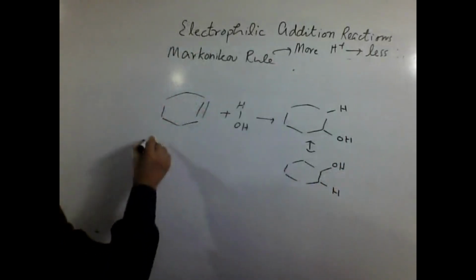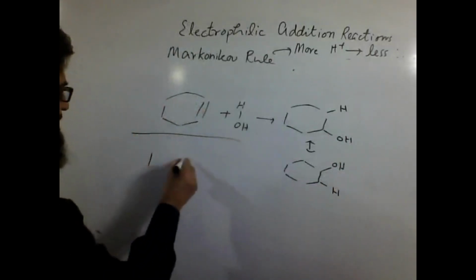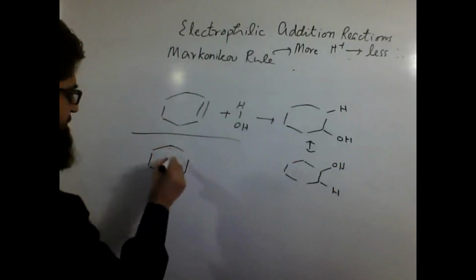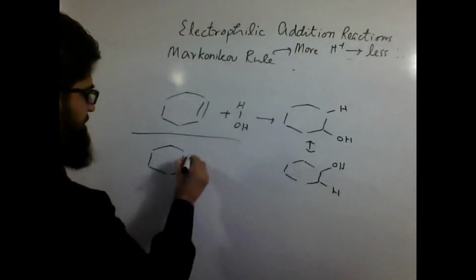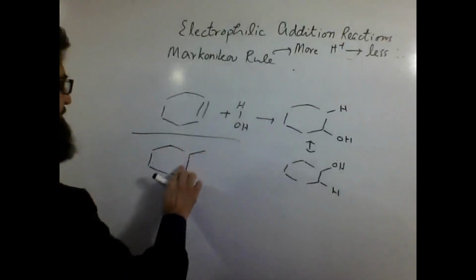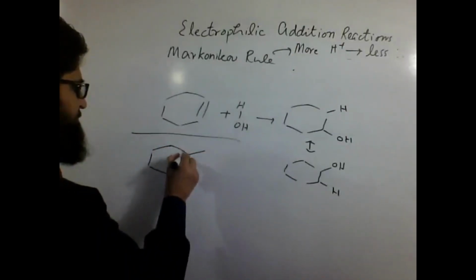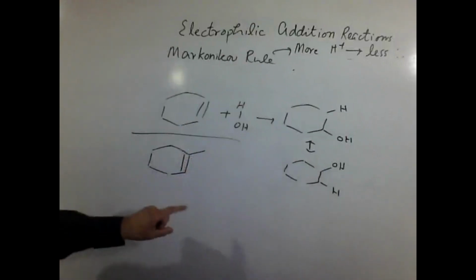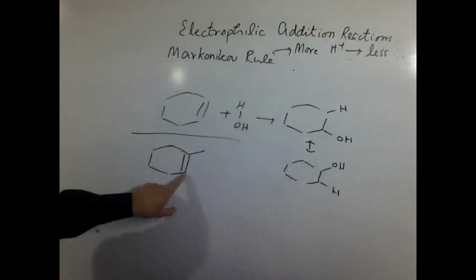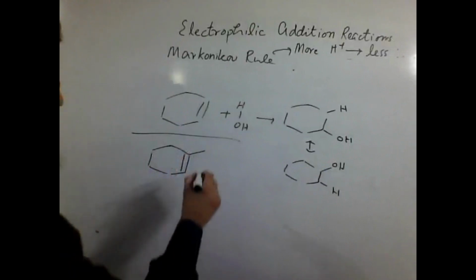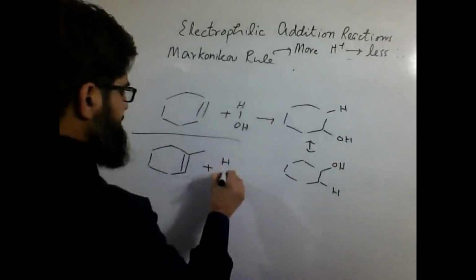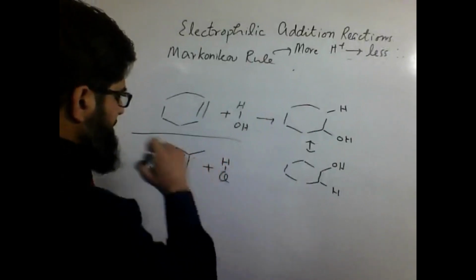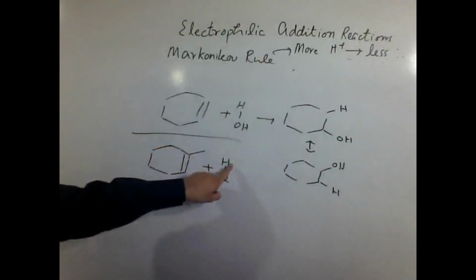However, let's say if we have an alkene like this, and over here we have another attachment like this one. So in this case, now this carbon carries one proton and this carries no proton. Let's say we are going to add HCl. So this proton, positive part, will go to the carbon which carries more protons.